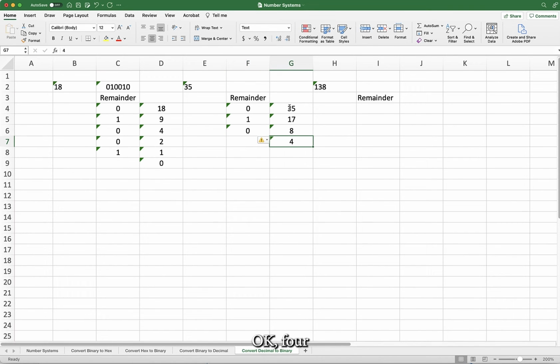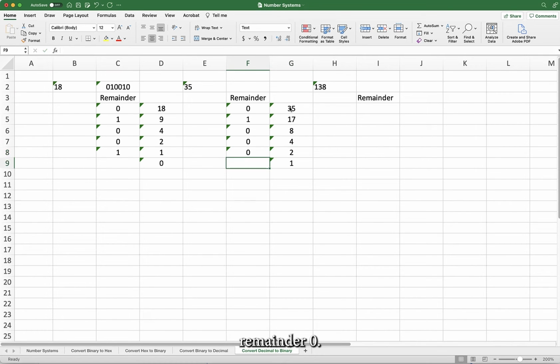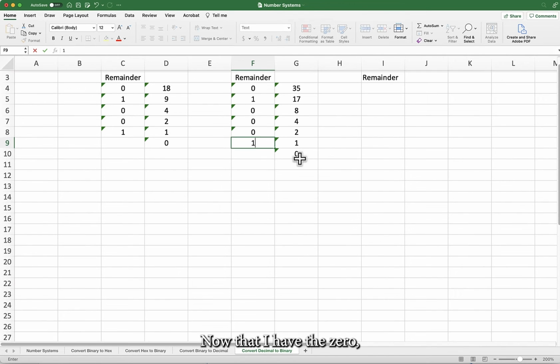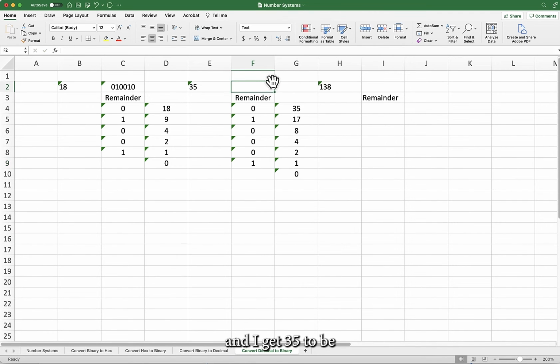Okay, 4 divided by 2 is 2, remainder 0. 2 divided by 2 is 1, remainder 0. 1 divided by 2 is 0 times 2, remainder 1. Now that I have the 0, I'm going to read backwards.